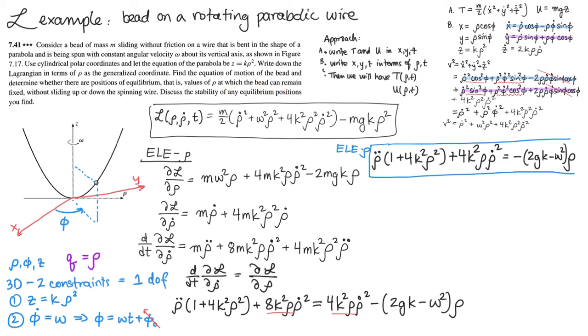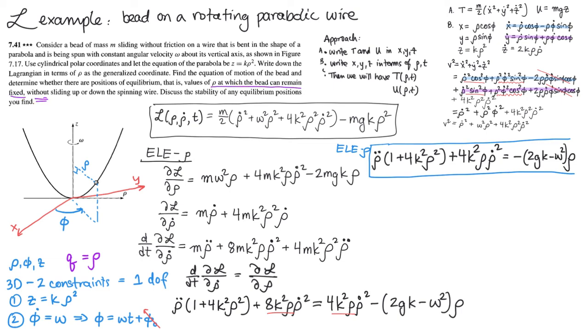So as the wire spins, the bead stays a fixed distance from the z-axis. Remember, rho is the perpendicular distance from the z-axis out to the point of interest. Okay, well, if we're asked about that, we're basically looking for values of rho at which the bead can remain fixed.